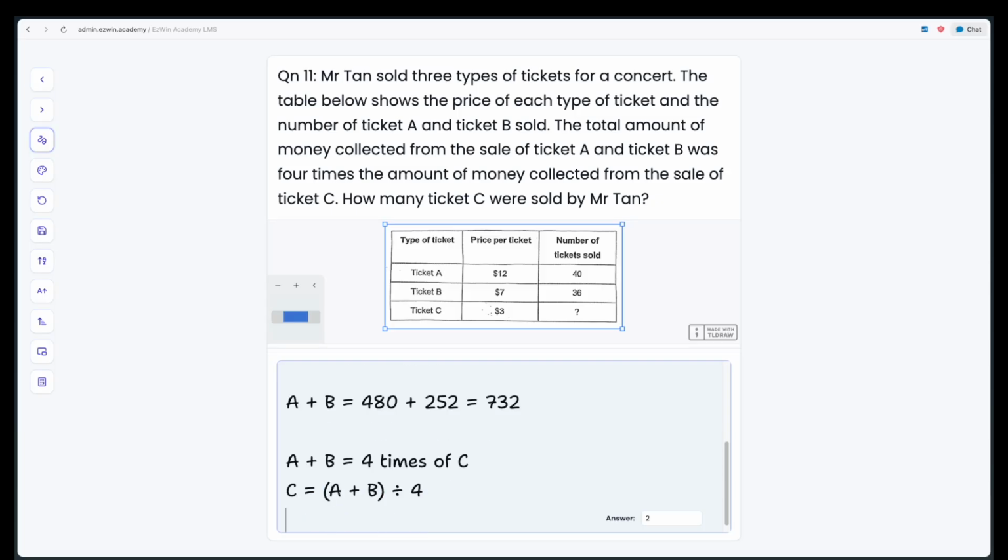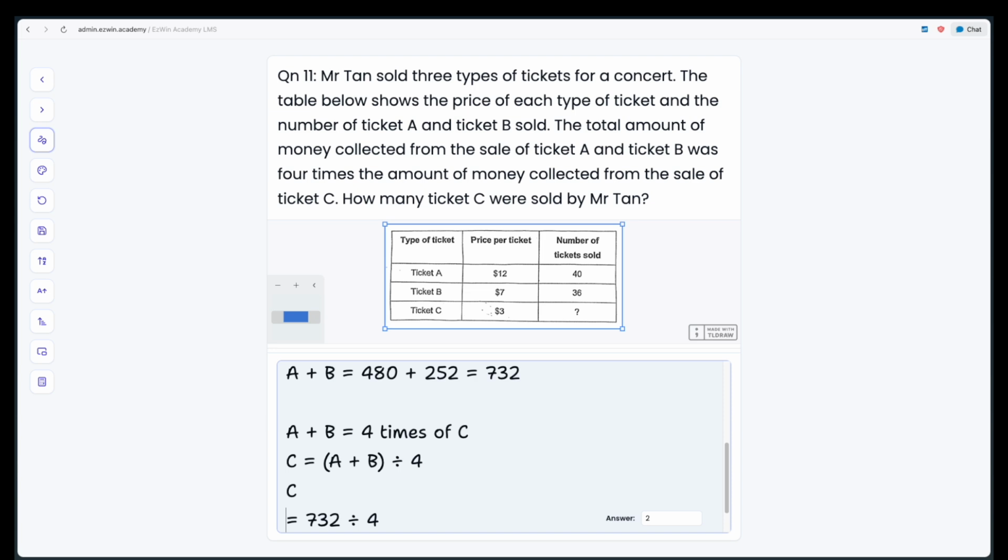So that means we will have 732 divided by 4. In this case, it's basically 700 plus 32, and then we divide it by 4. It will be a little bit easier for you to calculate like this.